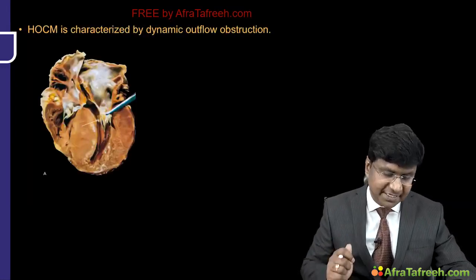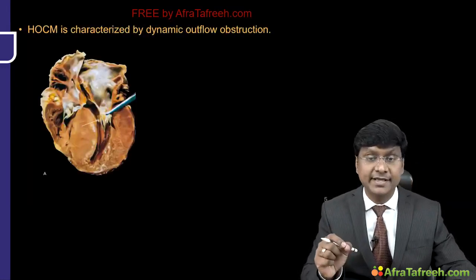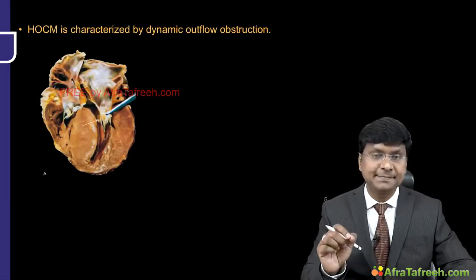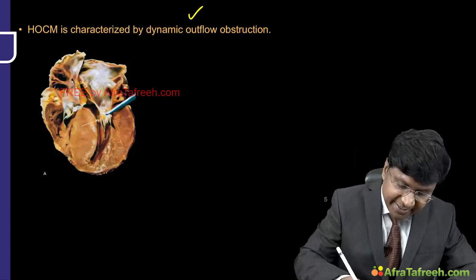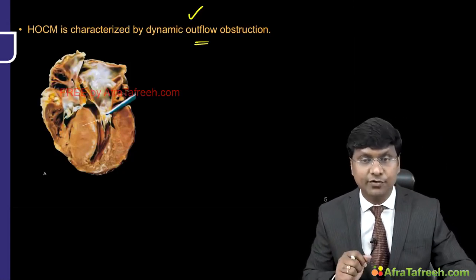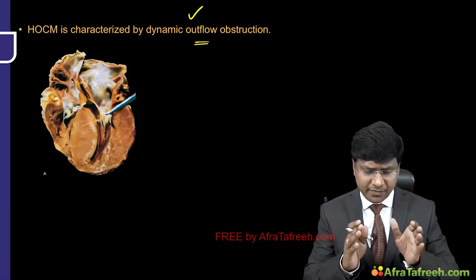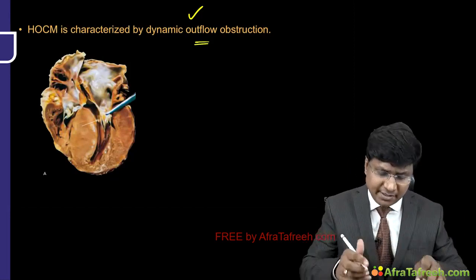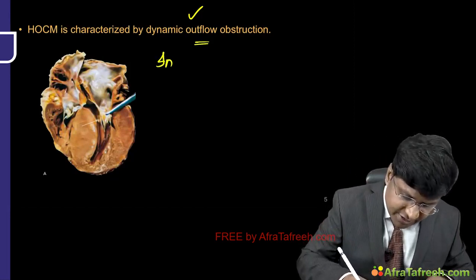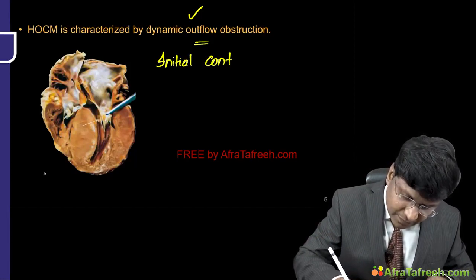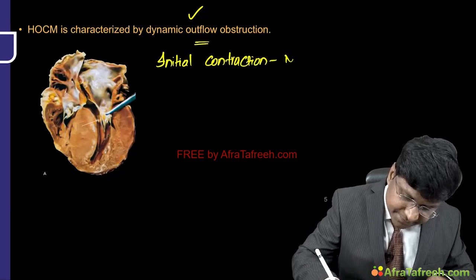Now, septal hypertrophy is characterized by dynamic outflow tract obstruction. What do you mean by dynamic outflow tract obstruction? When the left ventricle is about to contract, in the initial part of the LV contraction, there is no obstruction.